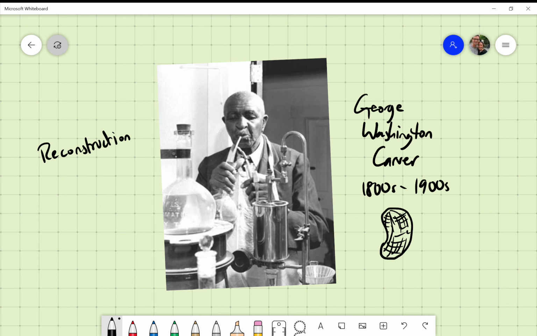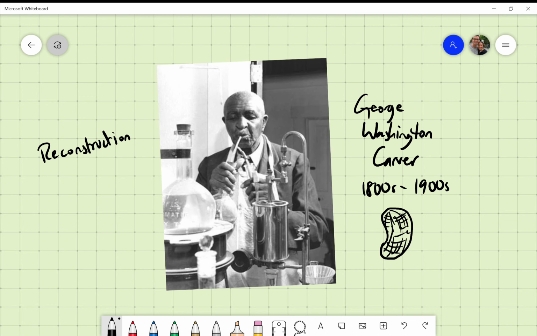Okay, where the country was attempting to be put back together, as it were, North and South, slave and free. What do you do with all the recently freed slaves? How do they live? How do they find work that is not slavery? A lot of problems.